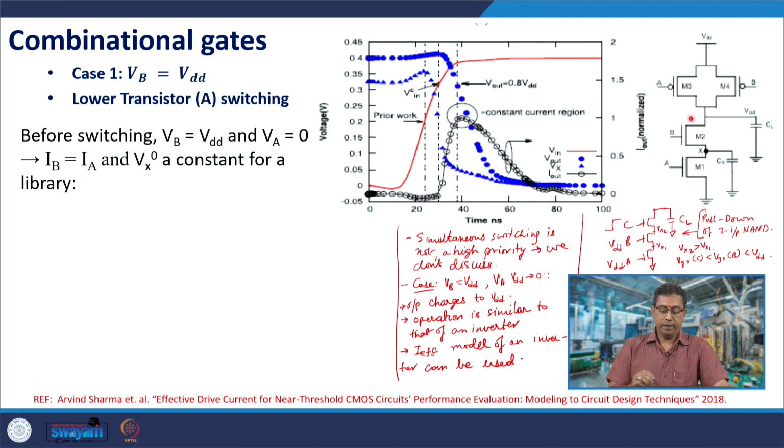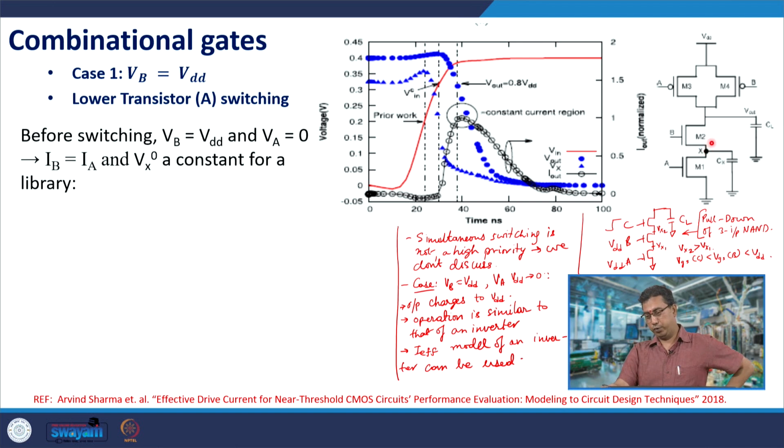So we find, as expected, that when the input is 0, these blue triangles are the node X voltage. Node X voltage is quite close to that of Vout. In nominal voltage operation, super-threshold operation, you would find that there is a VTH drop, so node X would have a voltage of VDD minus VTH.